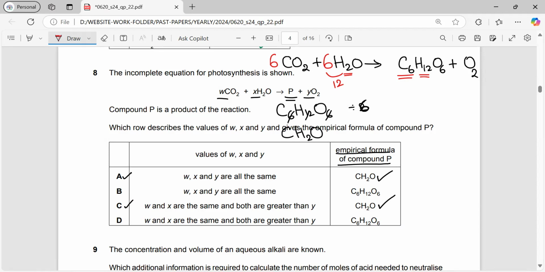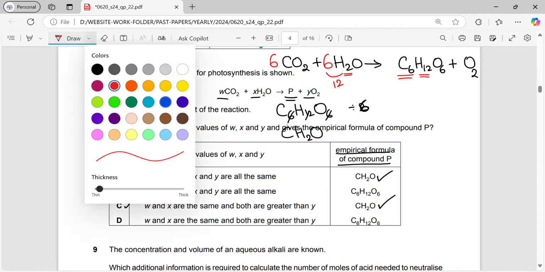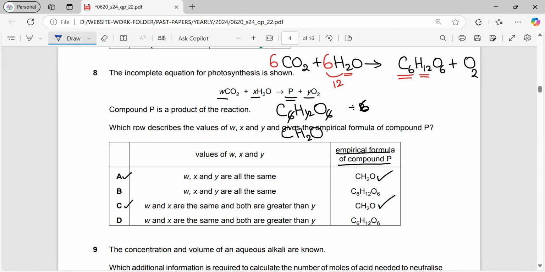And as for the oxygen, if we see the oxygen atoms on the reactant side, then in carbon dioxide, 6 into 2, there are 12 oxygens. And here, 6 into 1, we have 6 oxygens. And there are 6 oxygens already written in the glucose formula, C6O6.